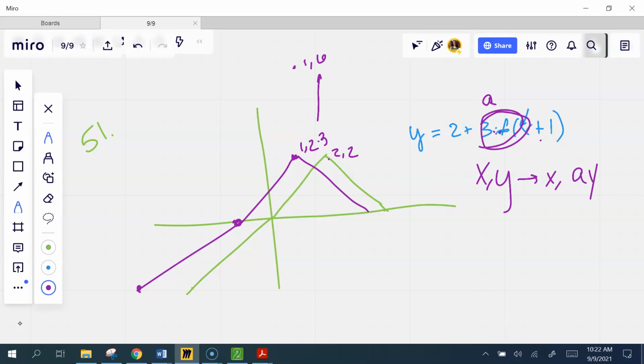Okay, so even if I had done a vertical stretch first, I would be at 2, 6, and then I shift it left. And the reason that's not really impacting it is because this is a vertical shrink or stretch, and this is a horizontal shift. So this isn't going to matter with the order in which you do that, if that makes sense.